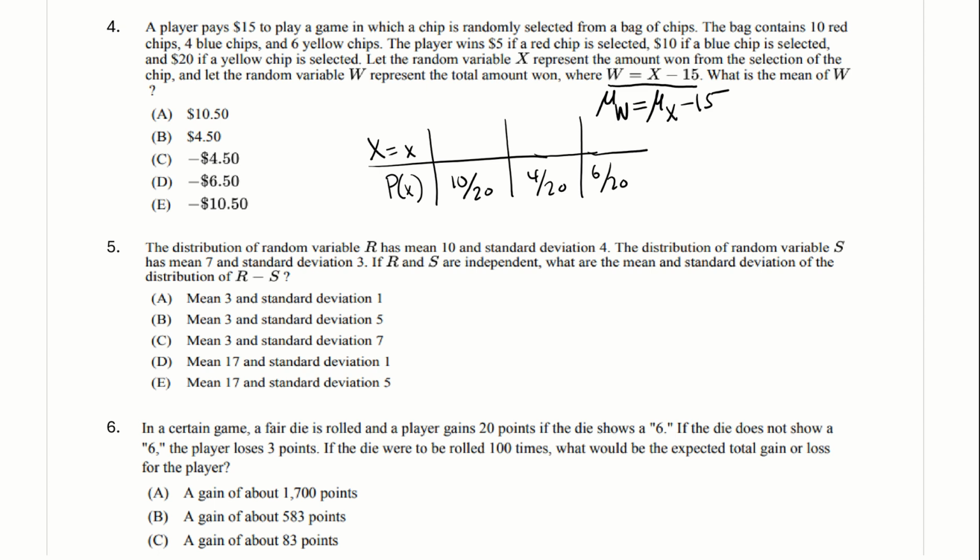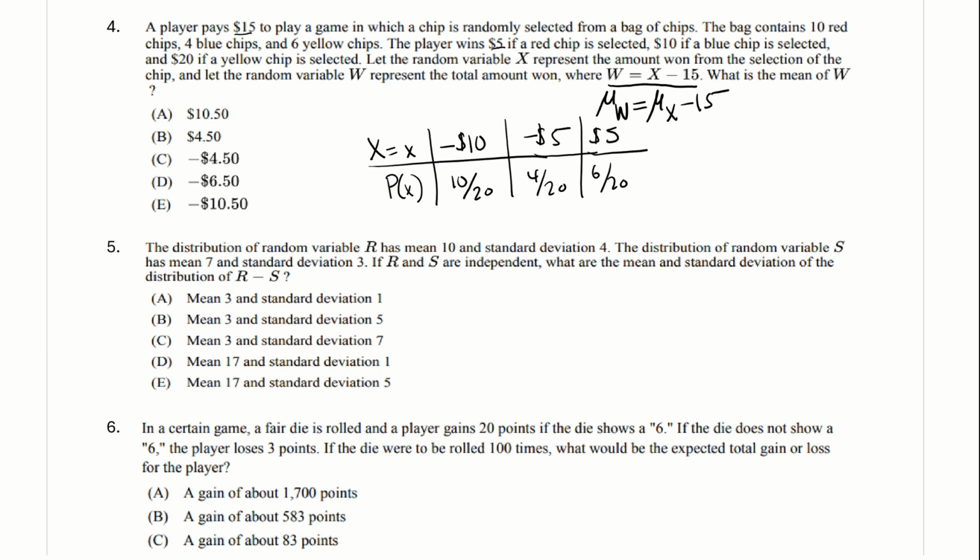And it says we win $5 if a red chip is selected, but we pay $15 to play the game. So really we pay $15, and then we get $5. So that's negative $10. We get $10 if a blue chip is selected, right? So then we pay $15, but we get $10. So that's negative $5. And then $20 if a yellow chip is selected.